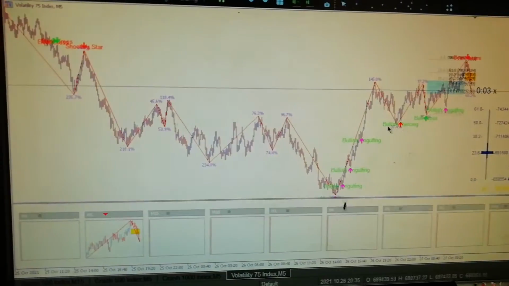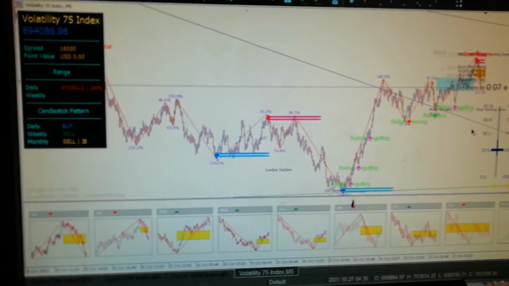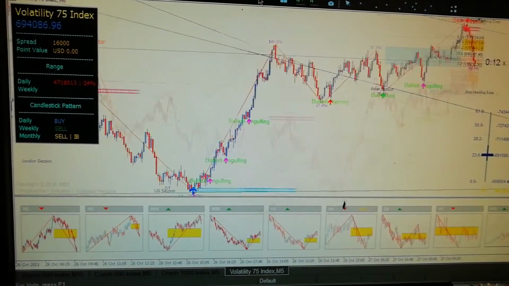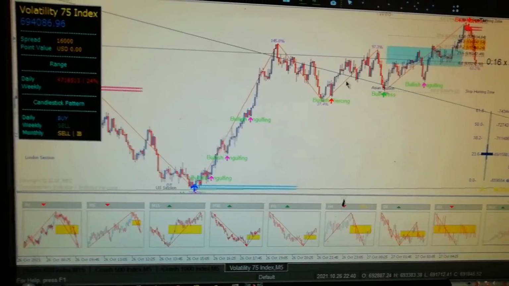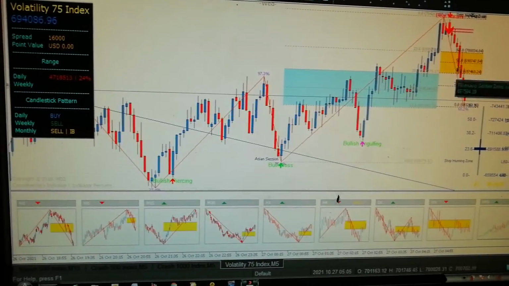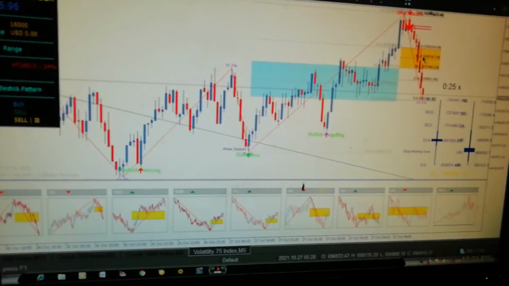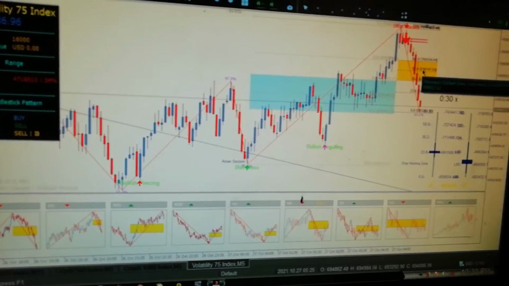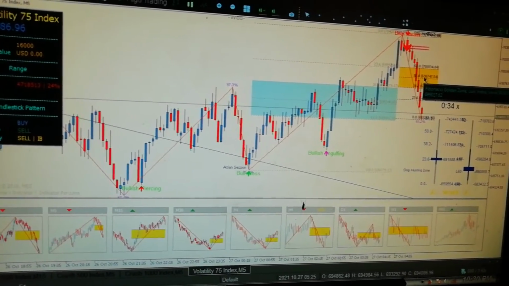Before I explain how we trigger our entries, let me explain how the system really works. Let me zoom a little bit. We have these trend lines, and on your system you will see this golden zone. On this golden zone, I sent you the material which I labeled row number 1 to row number 6.